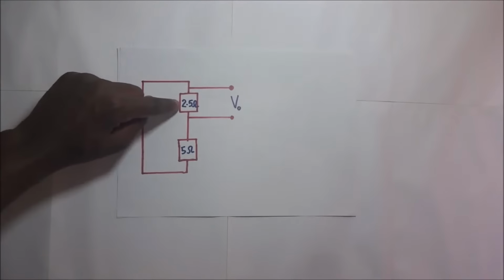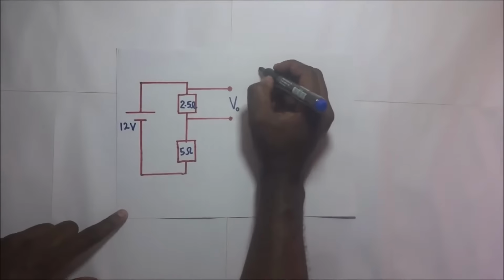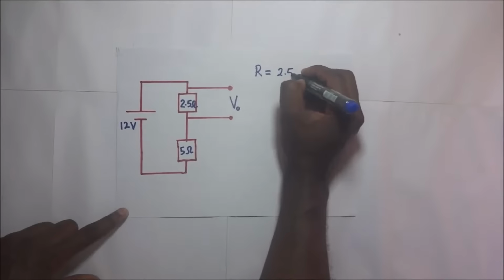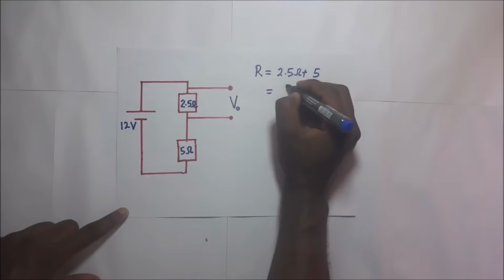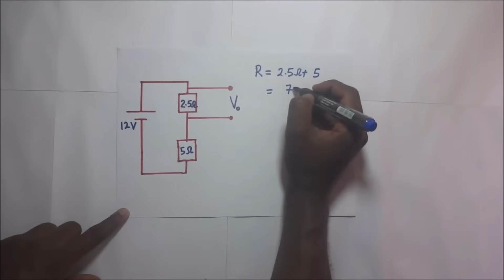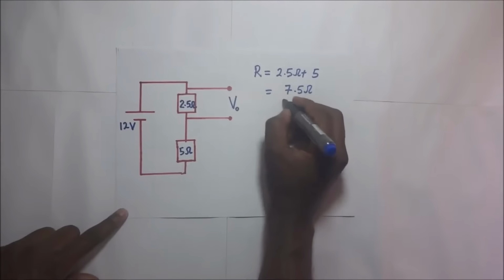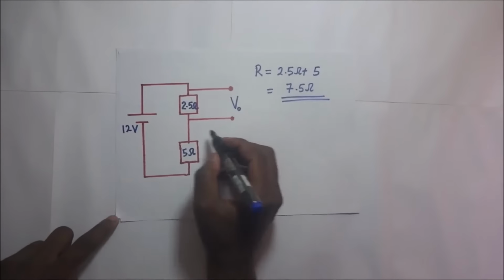Now this effective resistance is in series with that resistor. So the effective resistance in this circuit will be 2.5 ohms plus 5 ohms, giving us 7.5 ohms. So 7.5 ohms is the effective resistance in this whole circuit.